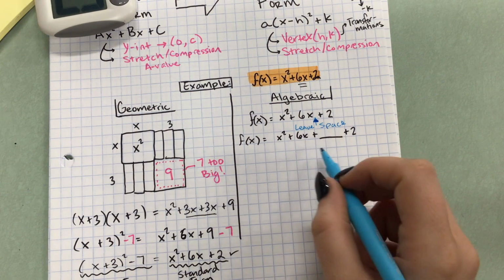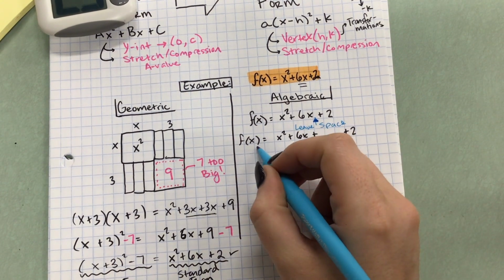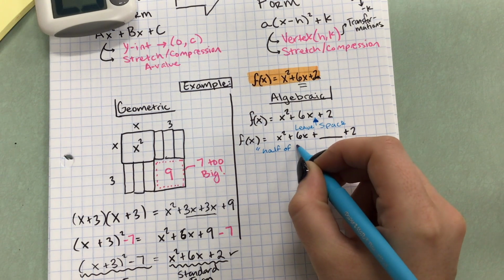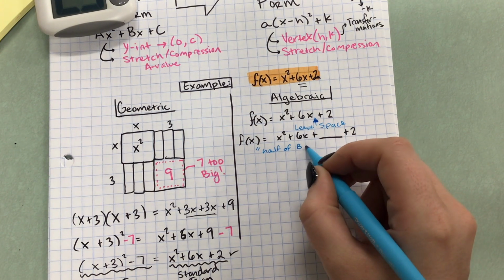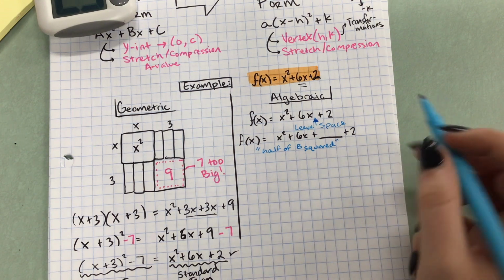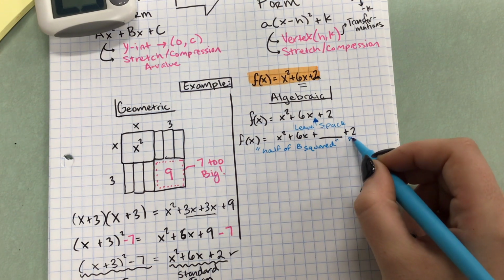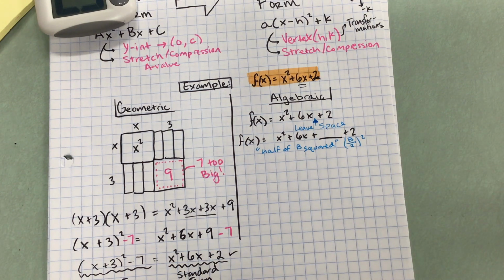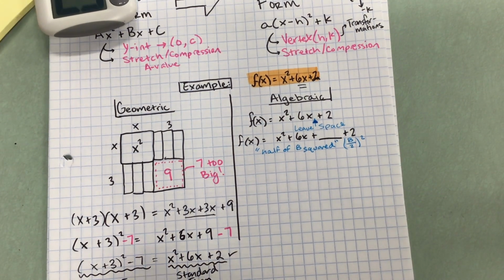So we're going to take half of the b term squared. Half of b to the power of 2.